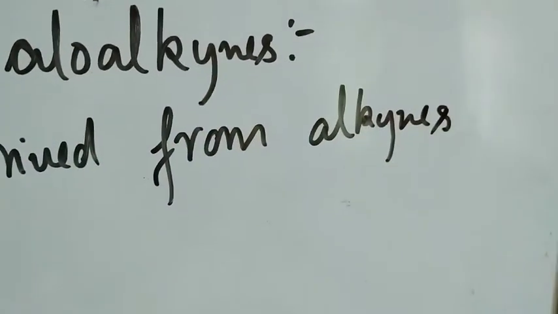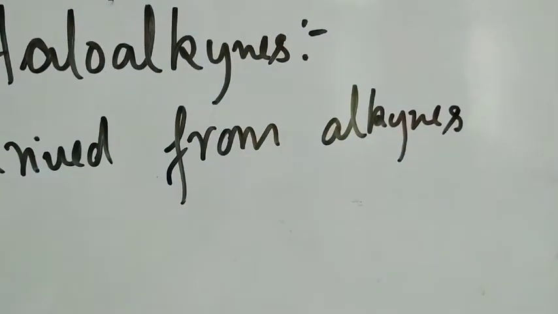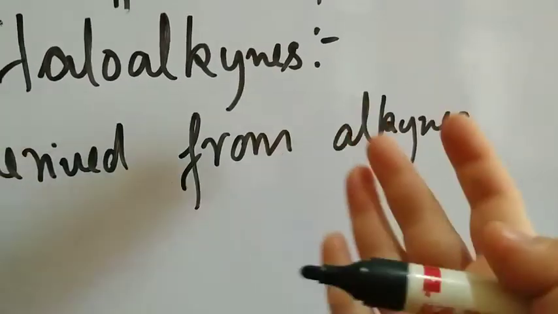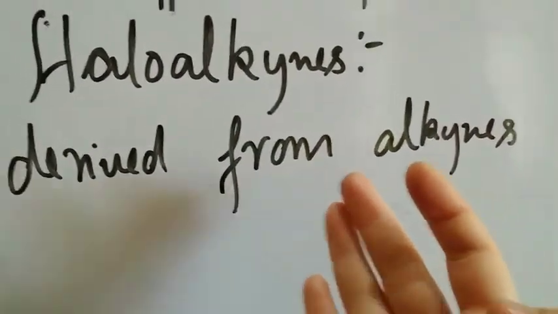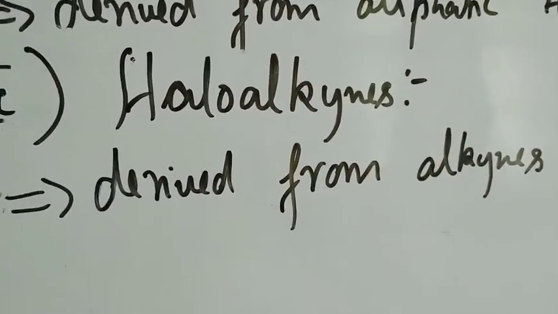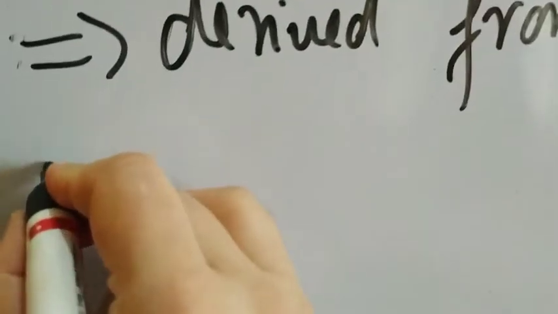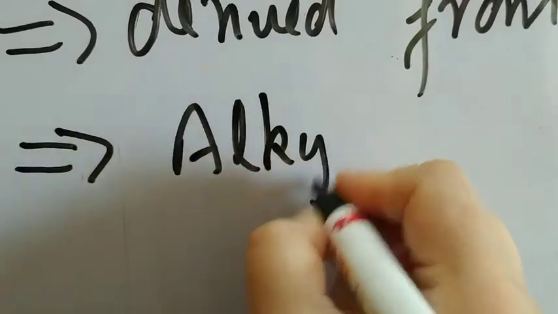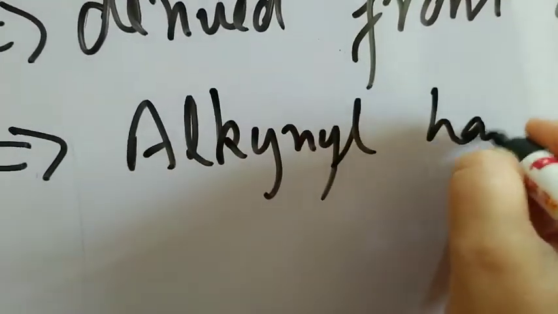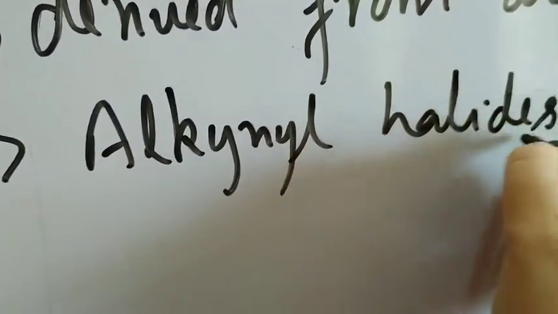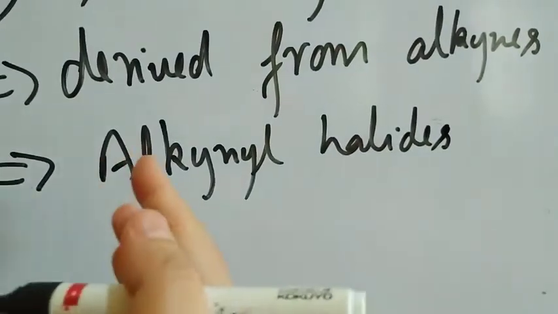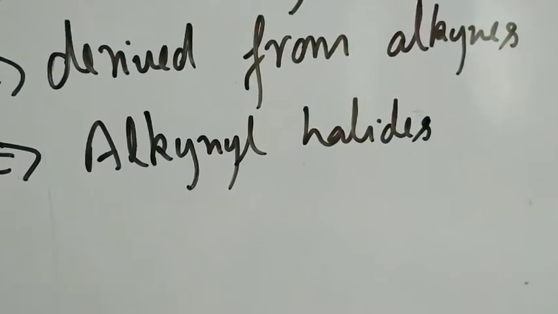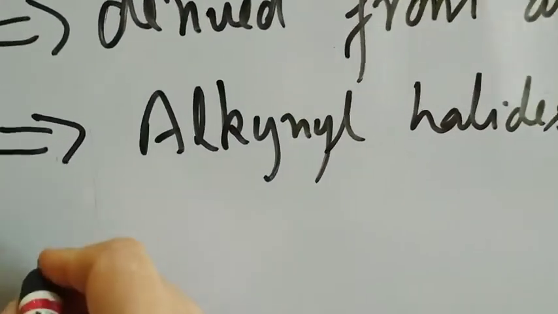A hydrocarbon having at least one carbon-carbon triple bond. If you replace one hydrogen in that alkyne by a halogen atom, it becomes a haloalkyne, right? And in the common system, they are also known as alkynyl halides, howsoever you read it, right?